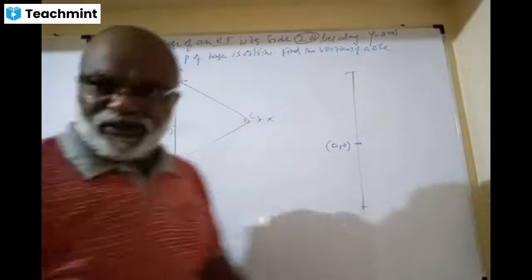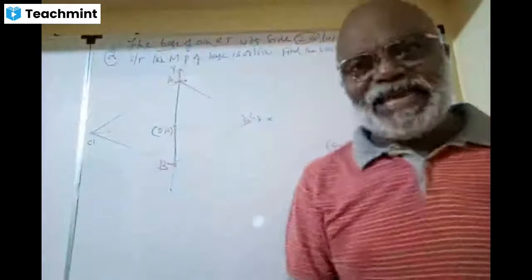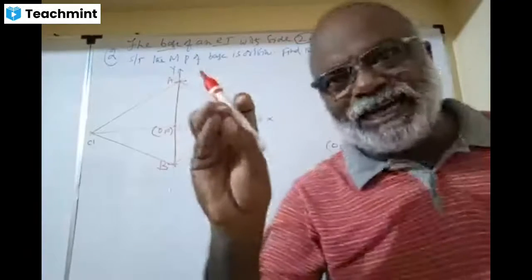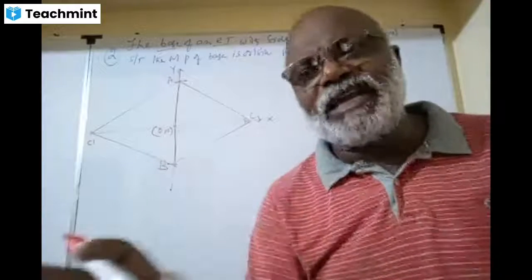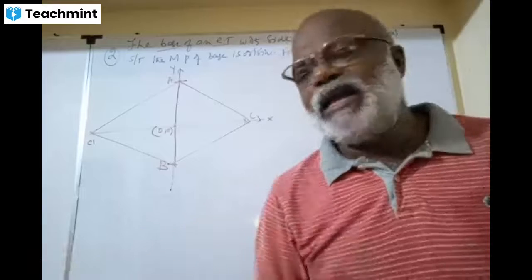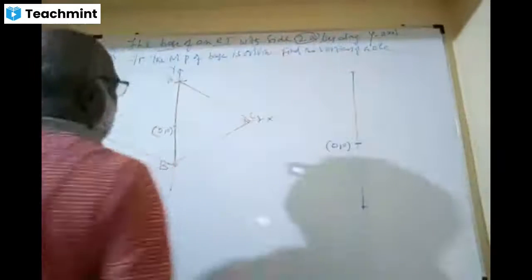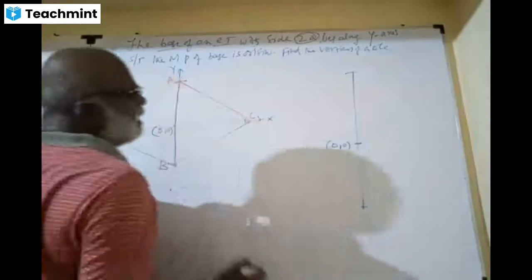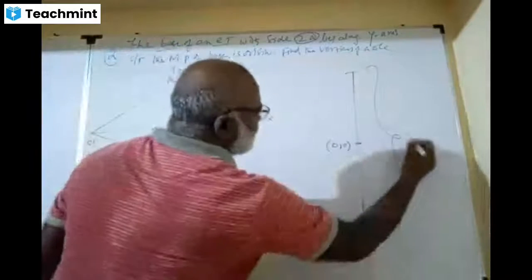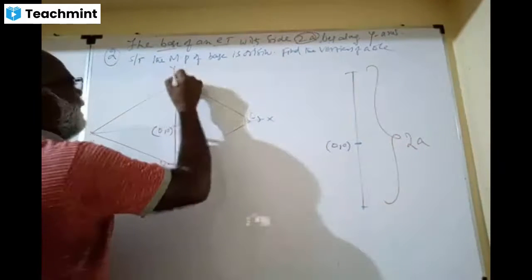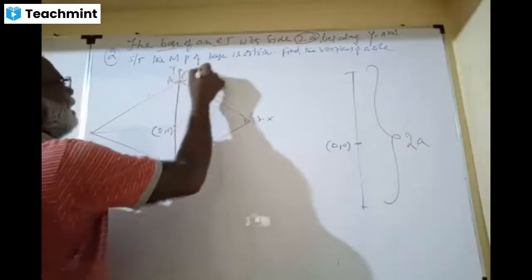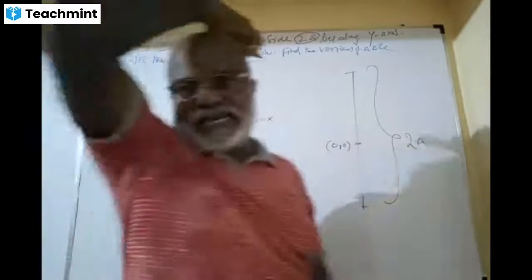I have to find the coordinates of my third vertex C. Two vertices are already over. Can you tell me, what are the coordinates of vertex A?